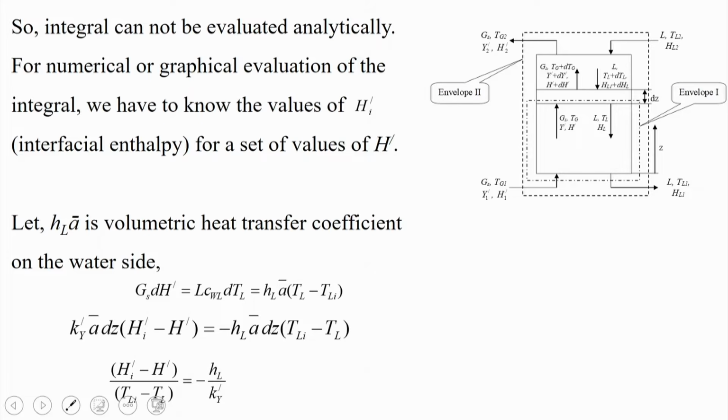We made the right-hand side negative because the temperature of the liquid goes on decreasing from top to bottom. By manipulation we get (h_i' minus h') by (T_Li minus T_L) equal to minus h_L by k_y'.